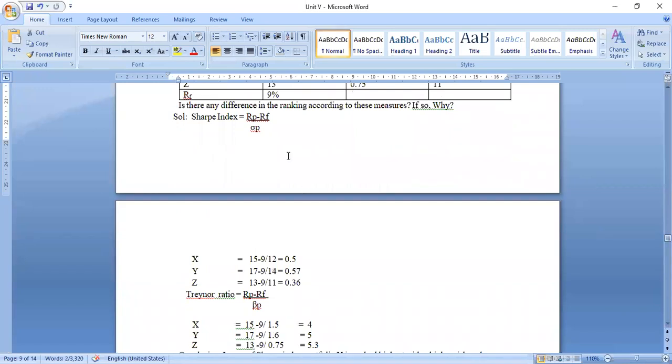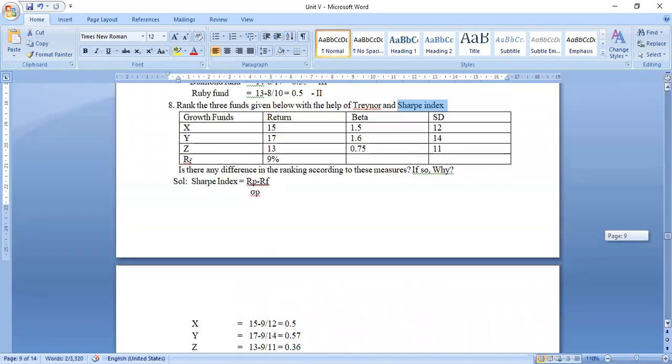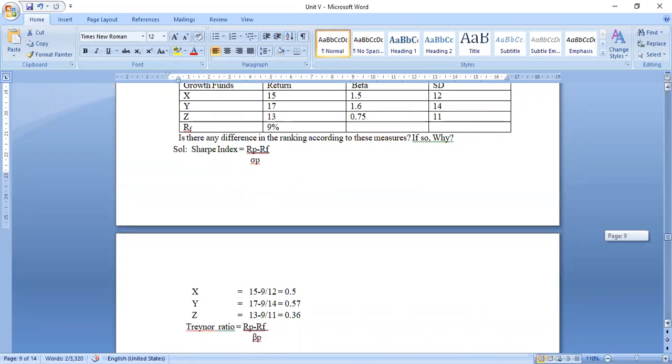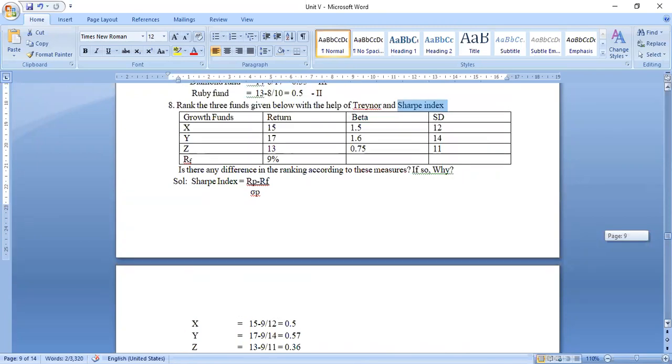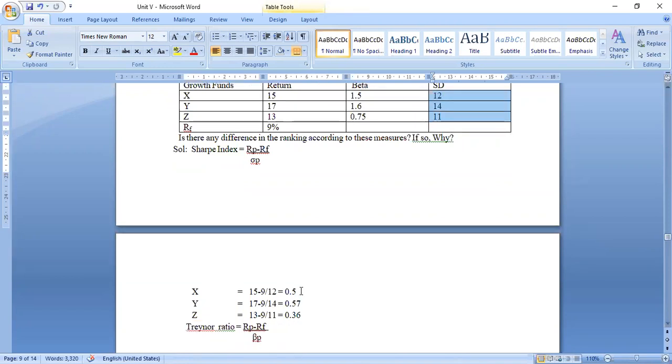So we have to write the formula. Sharpe index is RP minus RF divided by risk, that is standard deviation of P. So the return for growth fund X is 15 minus 9, that is the risk-free rate of return, divided by 12. We are going to take the values of standard deviation to calculate the Sharpe ratio. So we get the value as 0.5.